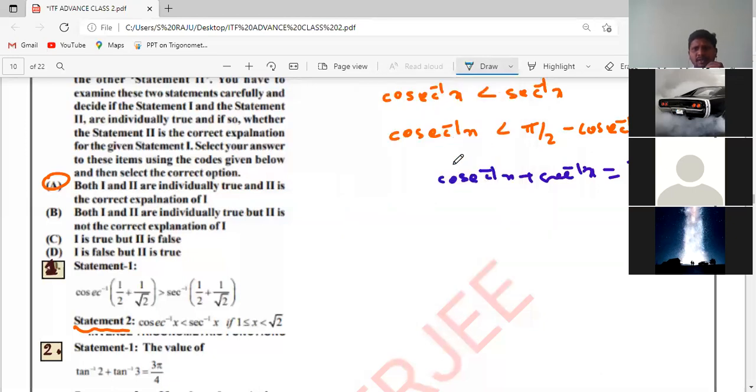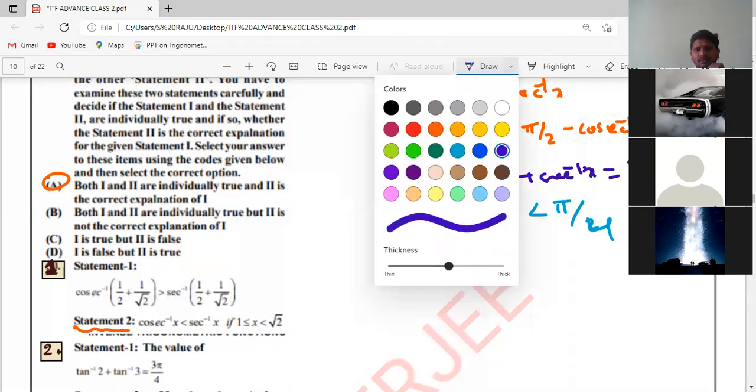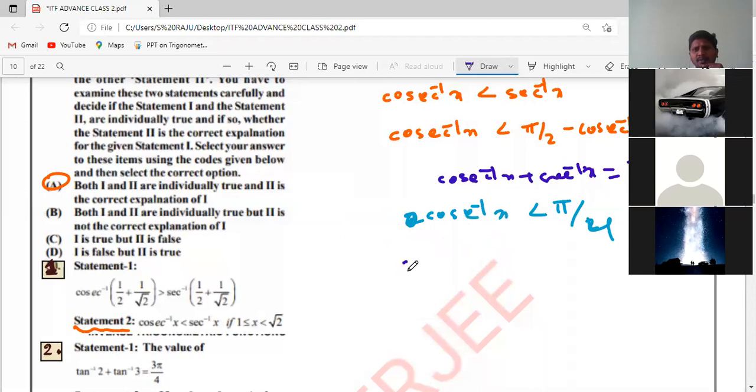Then see here, 2 cosecant inverse x is lesser than pi by 2. Then you can cross multiply here, we are going to get cosecant inverse x lesser than pi by 4. When you multiply with cosecant, all of you observe it, cosecant of cosecant inverse x. Pi by 4 belongs to the first quadrant.